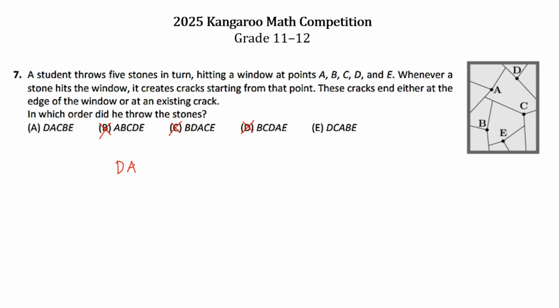And by the same reasoning, the third stone that was thrown must have created a crack that intercepts one of the cracks created by stone A. And obviously, it is stone C. And then it must be followed by stone B by the same reasoning, and lastly by stone E. So the answer must be option A.